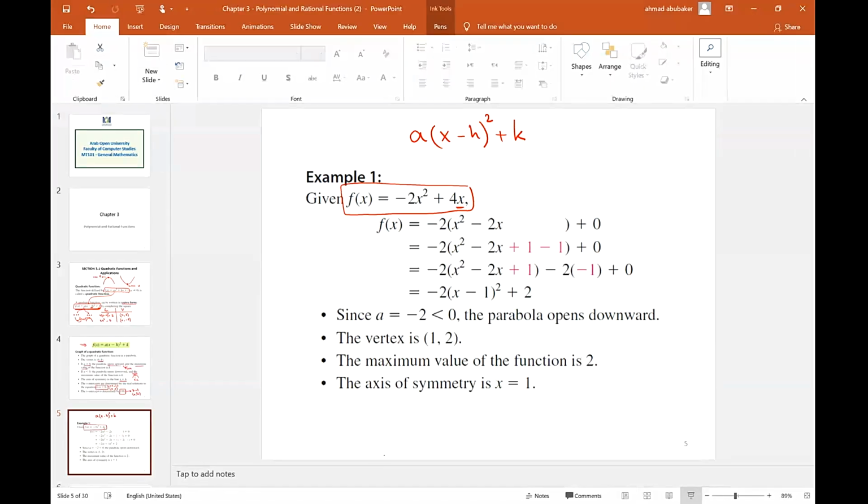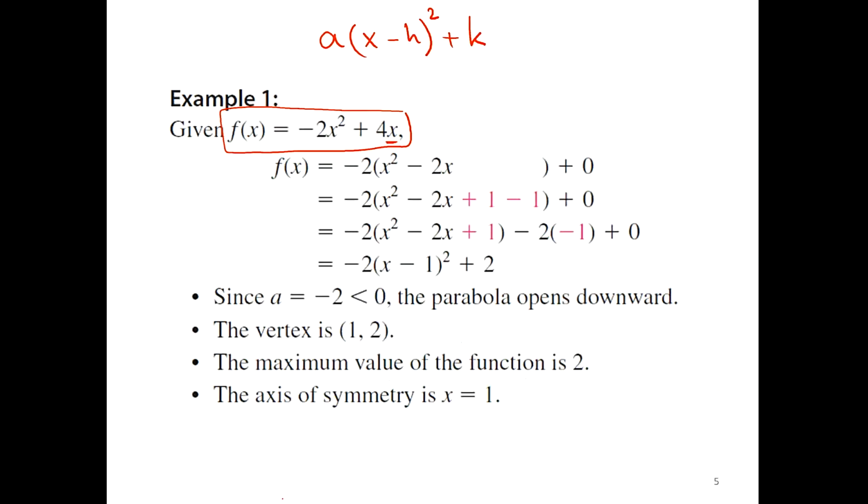This is not in the vertex form. In vertex form we have x and brackets all to the power of square, or we have x square only without x. Okay, this is the vertex form. But if we have x square and x, this is not vertex form.